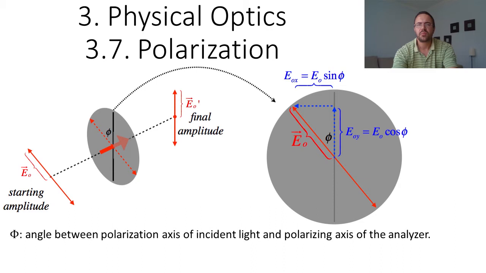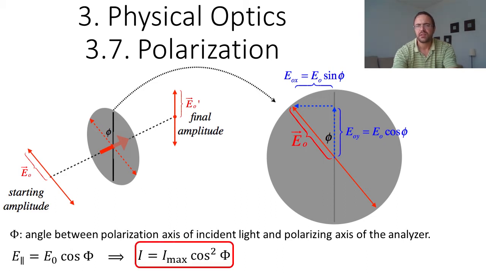Again, you can decompose the electric field of the incident light into a component that is parallel to the analyzer axis and a component that is perpendicular. The parallel component will be E0 cosine phi, and the perpendicular component will be E0 sine phi. But the perpendicular component will be absorbed by the analyzer, and so the intensity is proportional to the square of the parallel component only. And so the intensity will be equal to I max times cosine square of phi. And this is known as Malus's law.